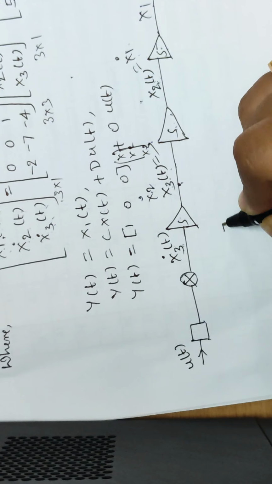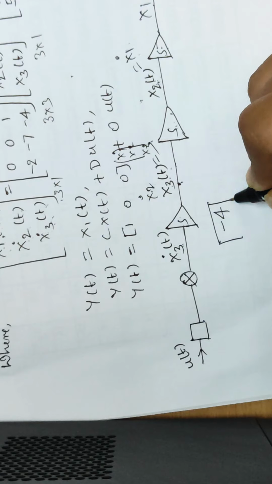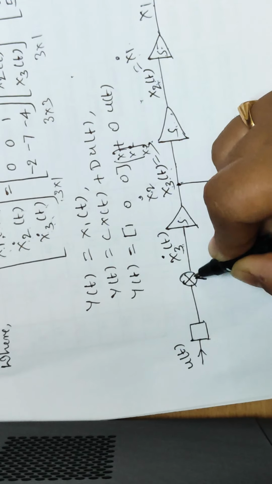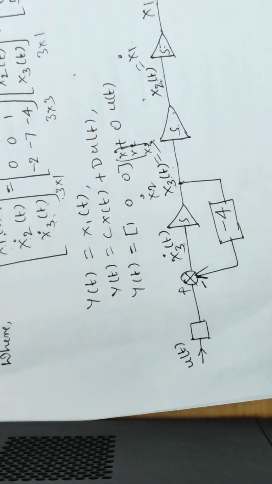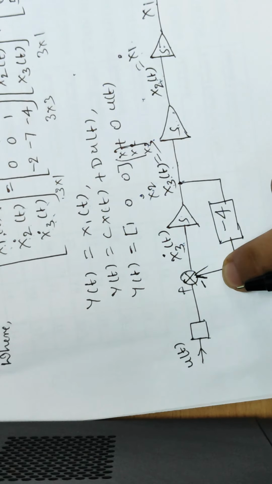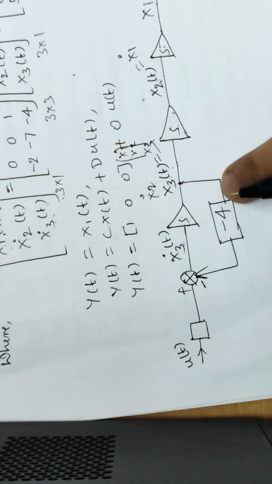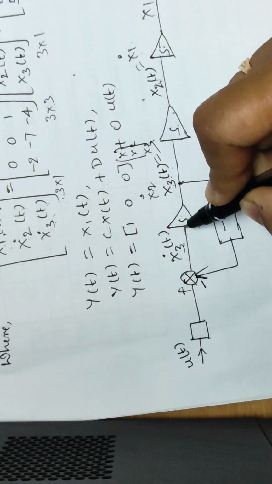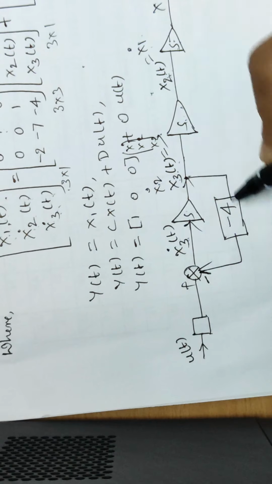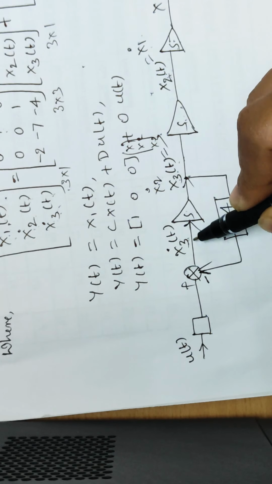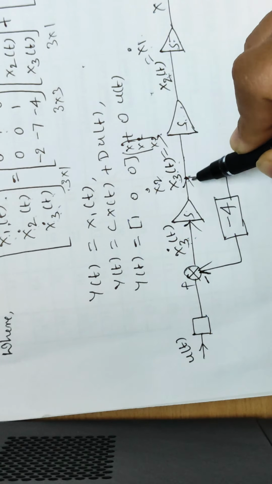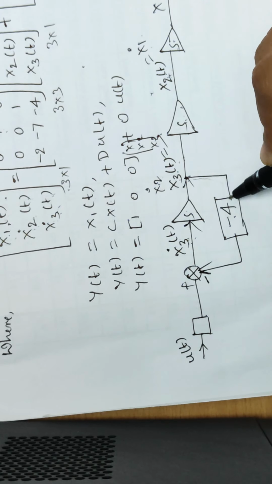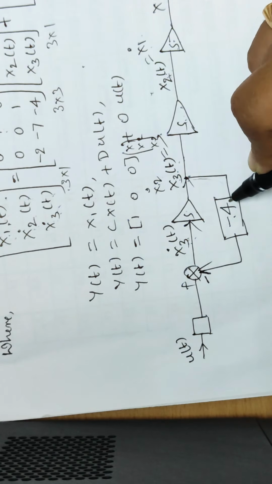So take minus 4 in a block, take x3 and add here. Put here negative feedback, right. So minus 4x3 is incoming into x3 dot. So x3 dot is equal to minus 4x3, right.